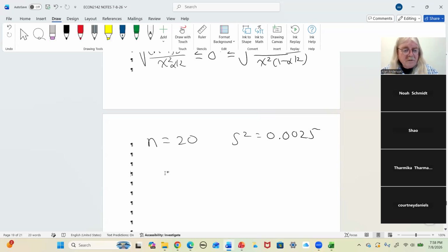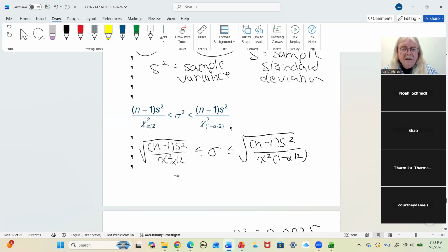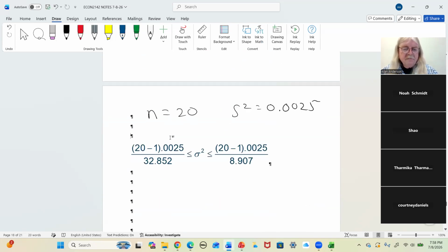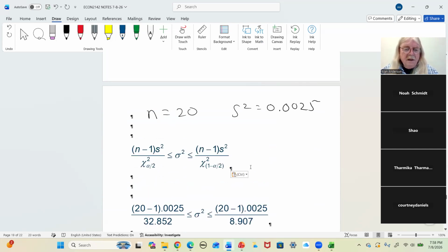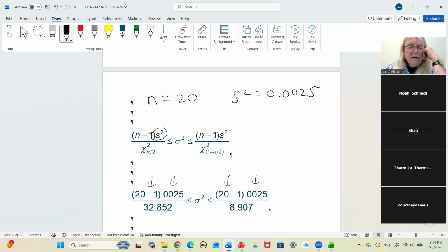Now you recognize those numbers. We just looked them up in the table. This is what we're actually doing. All right, so remember the sample size is 20, so this becomes 19. S squared 0.0025. And so what really separates the two terms is that here we have the chi-squared alpha over 2.